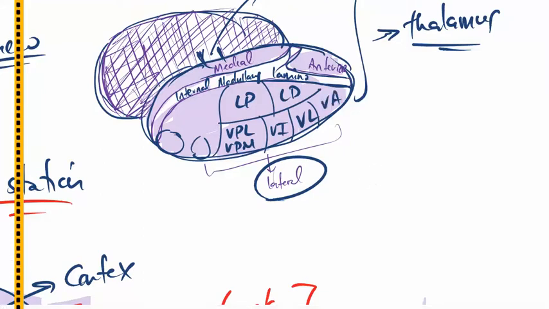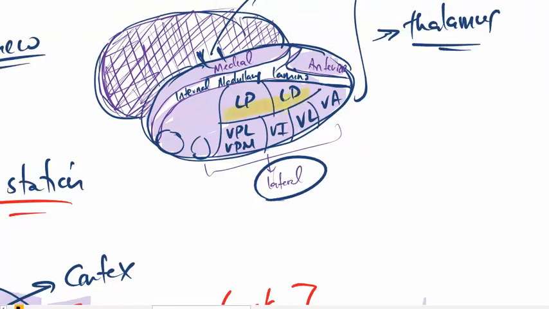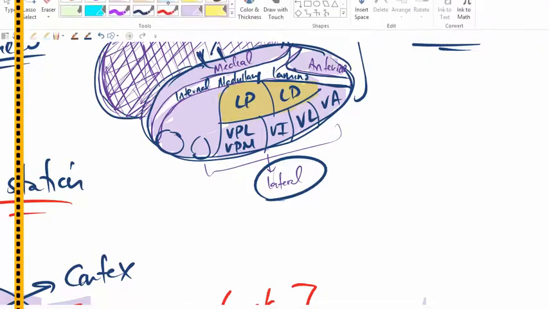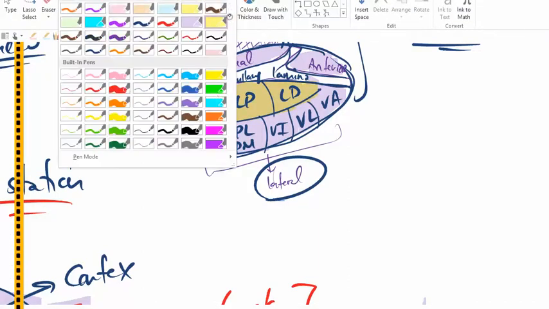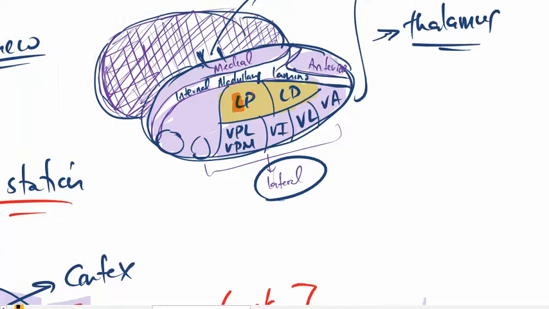Maybe a way to get you guys to remember this: the ones up here are lateral, so they begin with L. And the ones below that begin with V's. So these are all V's. This makes sense because it's anterior and this is medial.